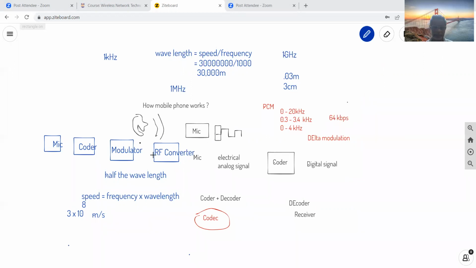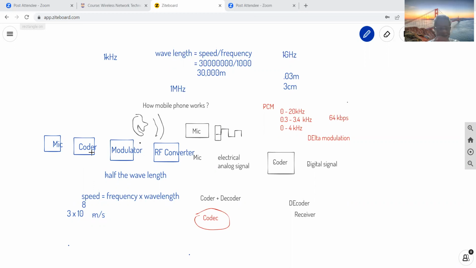The RF converter will increase the frequency to a very high frequency signal. So inside a mobile phone, you have the microphone, coder, modulator, and RF converter.